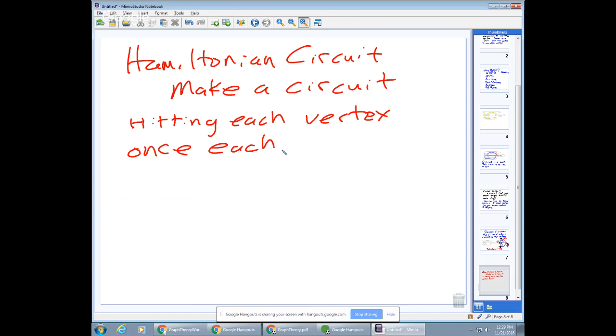So again, the big difference: Euler was concerned about the edges, hitting each edge once each. Hamilton was concerned about the vertices, hitting them once each.